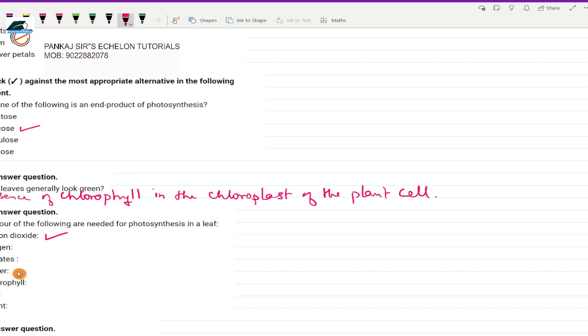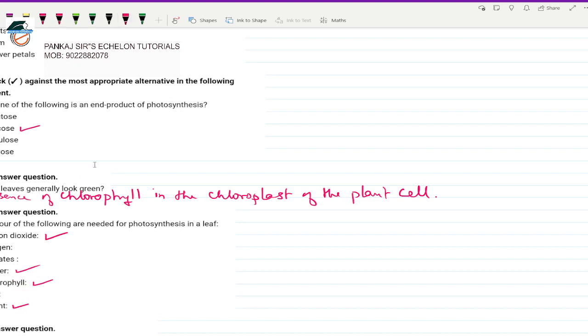Then it needs water, which is taken from the soil. Then it needs chlorophyll, which is always present in the leaves of the plant. And of course it needs sunlight. So these are the four things needed for photosynthesis in a leaf: carbon dioxide, water, chlorophyll, and light.